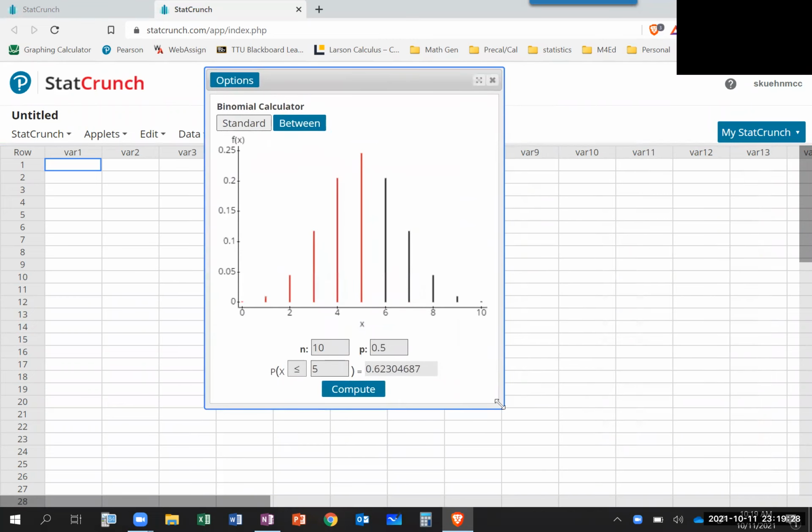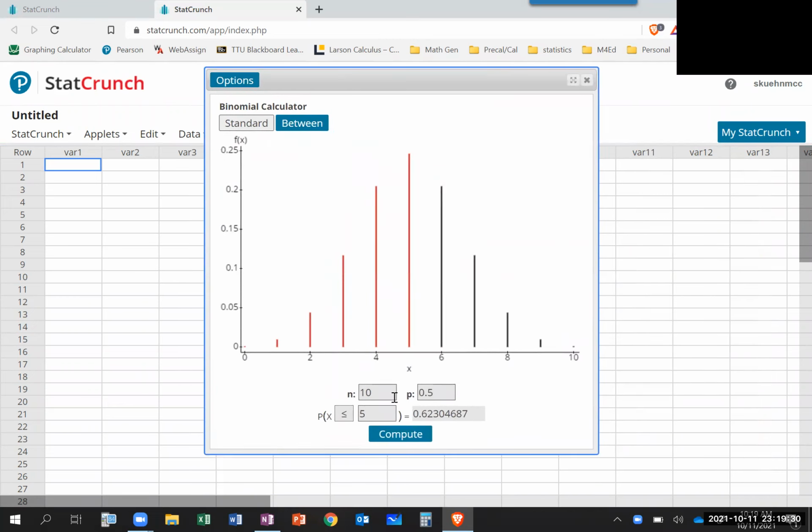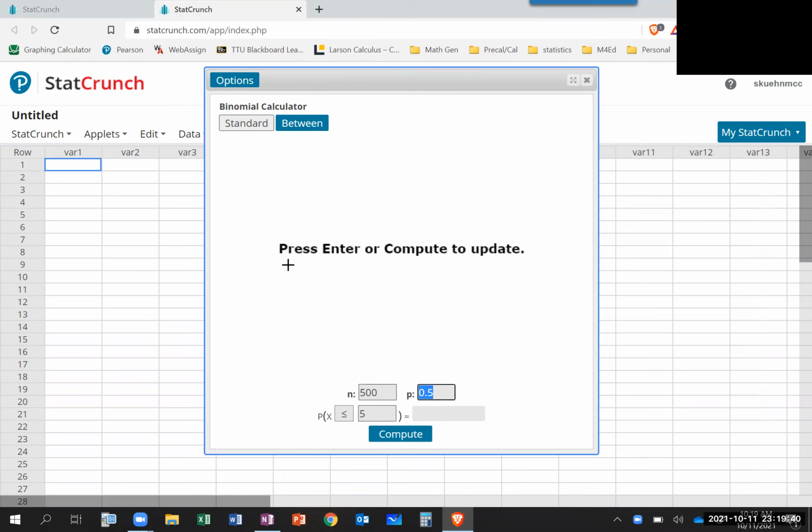So here's my calculator. The sample size that we're looking at was, what size sample did I have? 500? Okay, so 500. The probability of success in this case was 0.58. Now I'm looking for this again, right? I'm fixing to fill in that probability statement, which I may go write down.